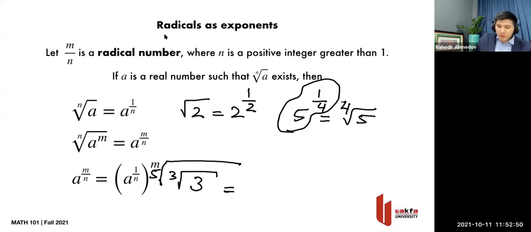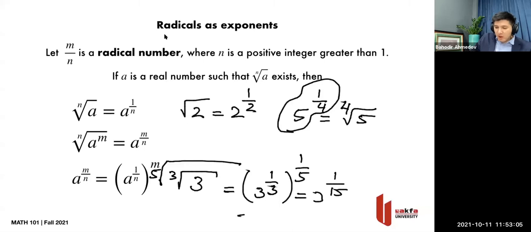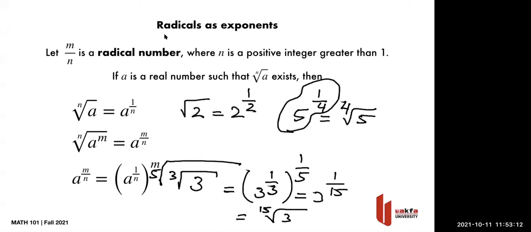The 3rd root of 3 is 3 to the power of 1 over 3, and then you take the 5th root of this, 1 over 5. Then you just multiply: it's 3 to the power of 1 over 15, or the 15th root of 3. Great. Do you understand this? Yes.